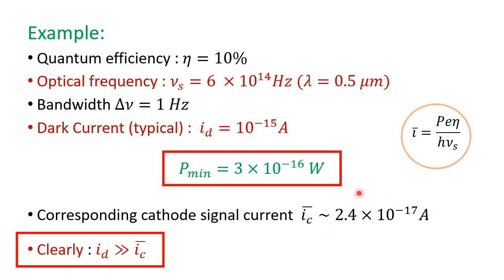Average current through the signal is much weaker than the contribution coming from the dark current. So clearly our dark current being much larger, at least 100 times larger, was indeed a reasonable approximation that we did to get to that expression of the P minimum, right? So this is how the photomultiplier tube, the video detection, and of course the ideal being the heterodyne detection, which again you can repeat that argument for the photomultiplier tube as well.